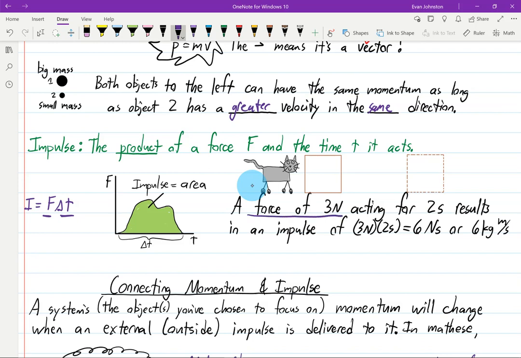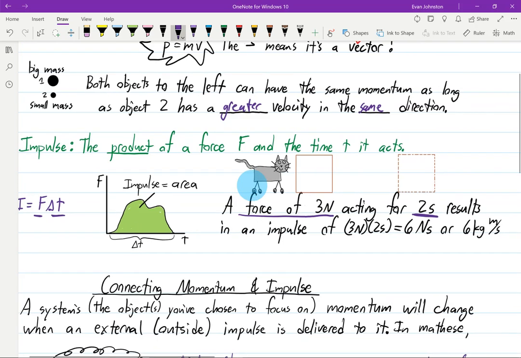Let's say he's acting for 3 newtons and it goes to the right from here over to here. So it travels some distance and it takes 2 seconds. Well, I know a force, I know the time. I could just plug directly into this and go, oh, his 3 newtons multiplied by the time would give me 3 times 2, that's 6 newton-seconds.